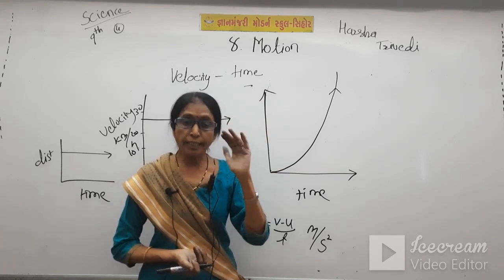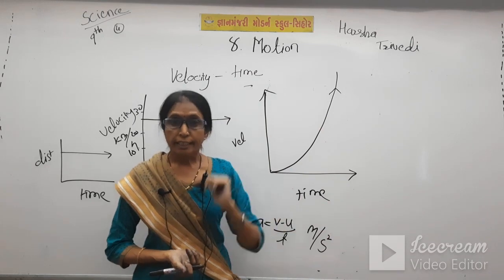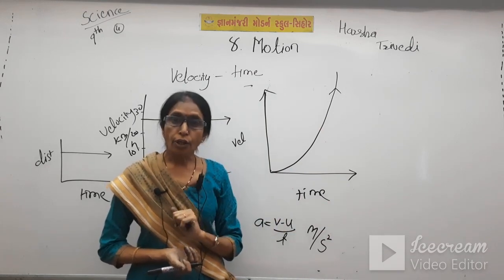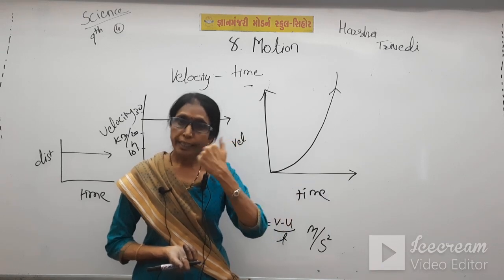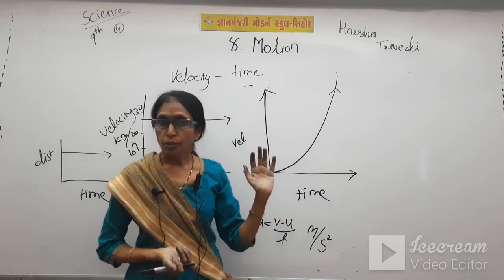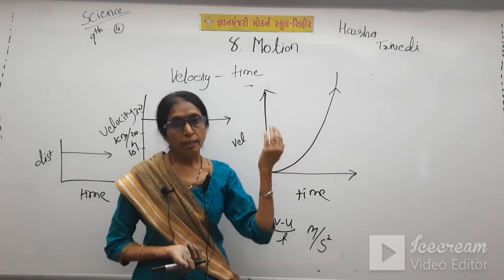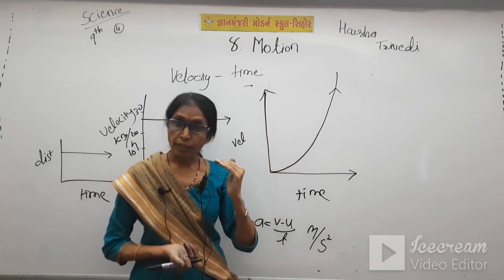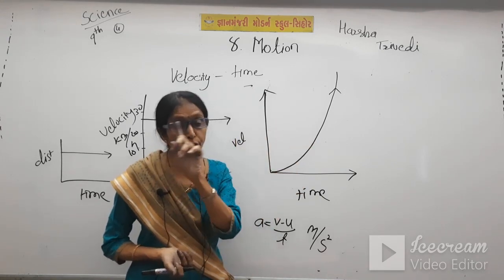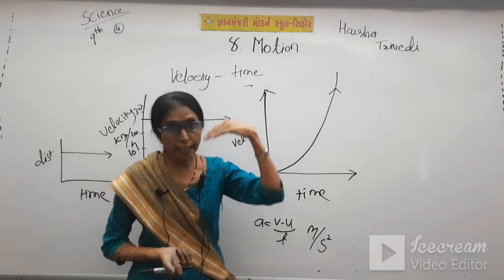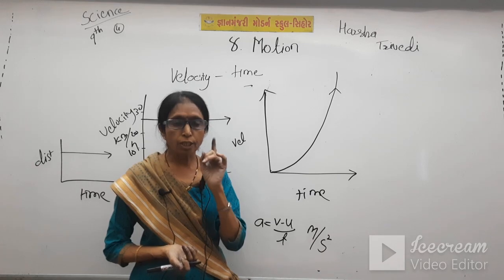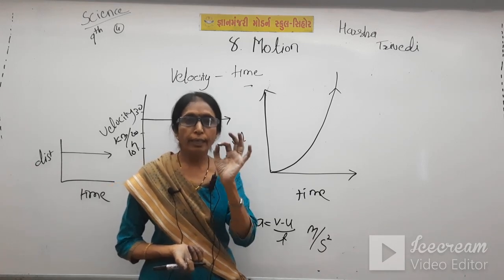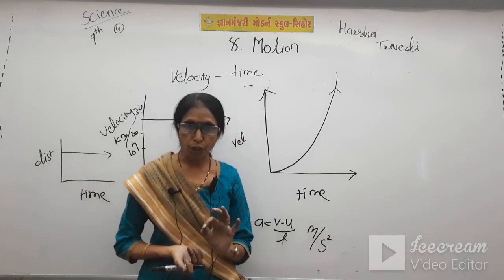If the increasing ratio is fixed, then it is called uniform acceleration. If it is increasing in any ratio, suppose in the first test it is 42 and the second test 44, it is acceleration but not uniform acceleration. But if the increasing ratio is also fixed, then only it is called uniformly accelerated motion.